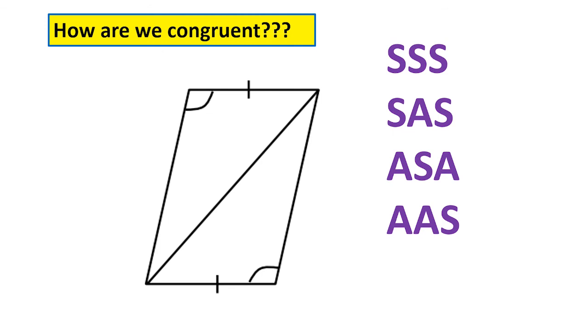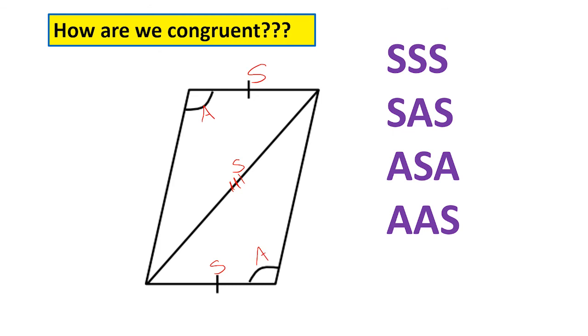Alright, so we're at our last example here. So we can see that we have congruent sides. And then we have this pair of congruent sides because they share a side, so they have to be congruent. But then we have congruent angles.